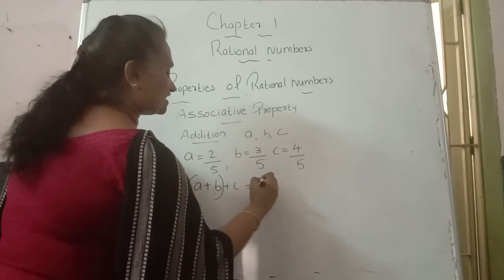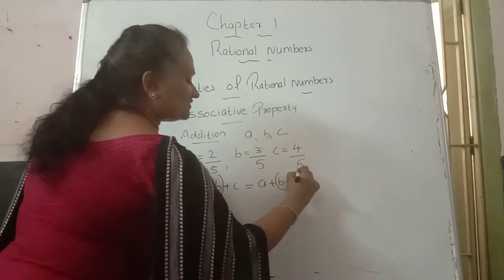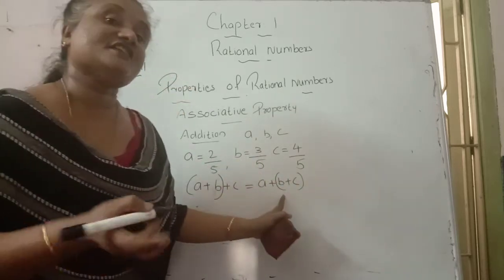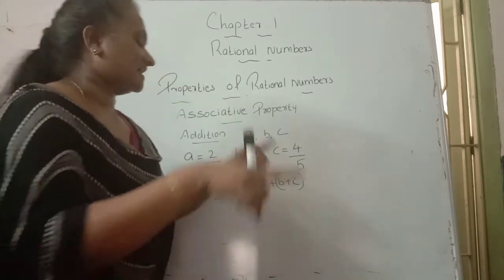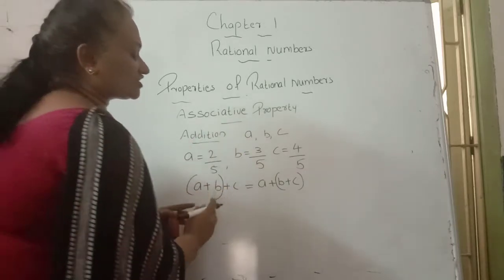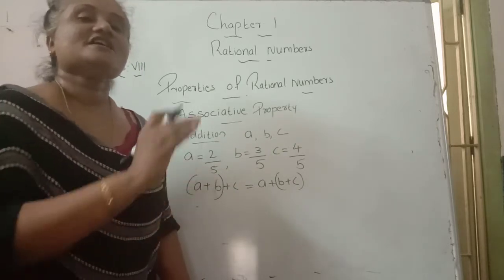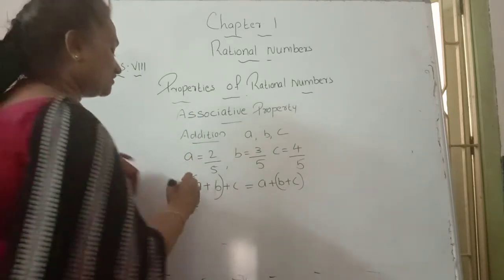This is equal to A plus (B plus C): on the RHS side, first you add B and C values, and that answer is added with A value. After calculating, we want to check whether the left and right side answers are the same or not.